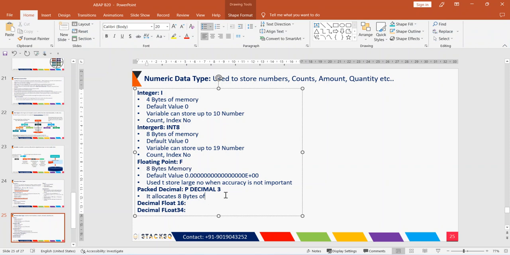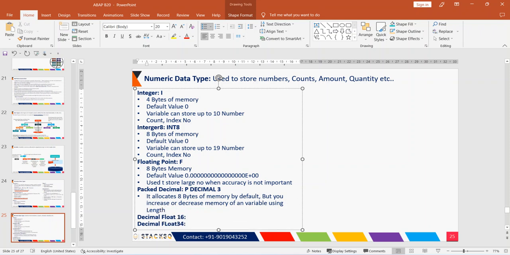And now the packed decimal allocates 8 bytes of memory by default, but you can increase or decrease the memory of a variable using length.